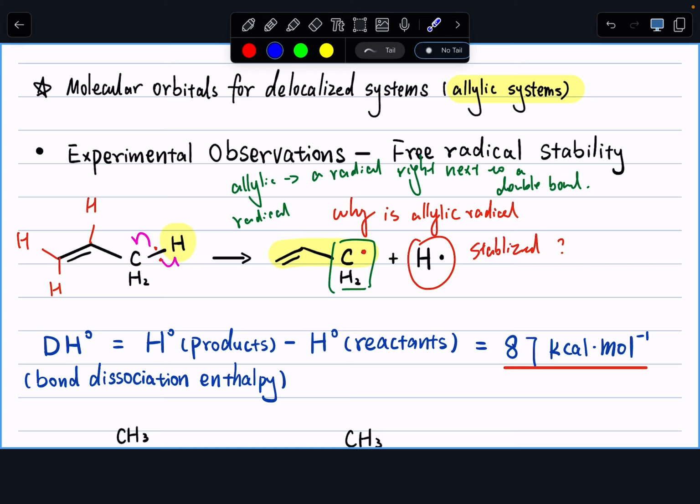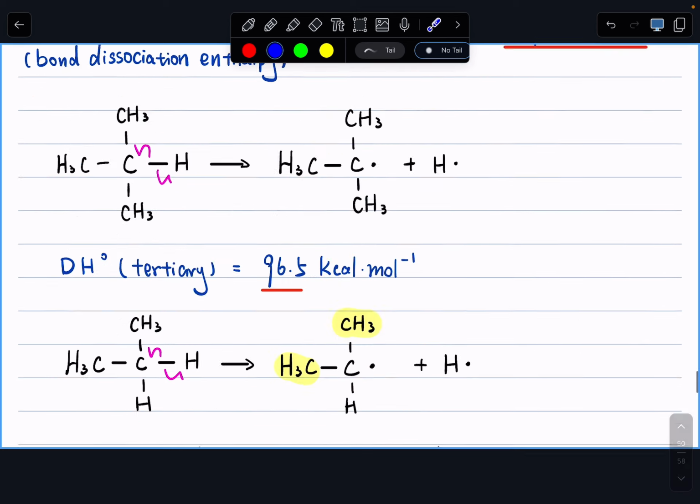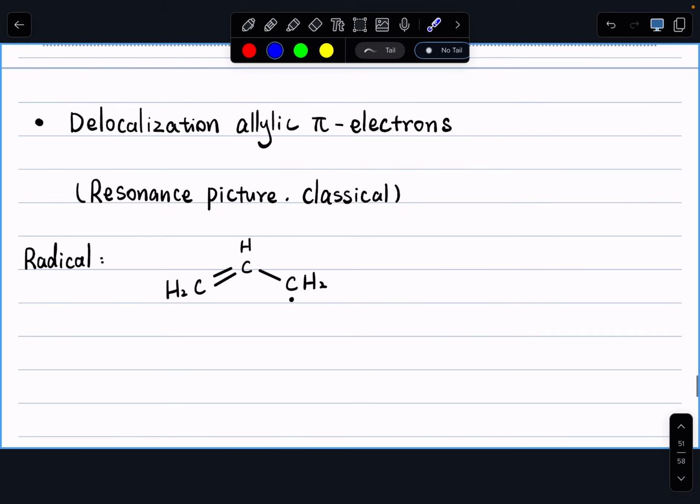We're going to look at it from two different perspectives. We'll first look at it from the classical bonding theory and resonance stabilization. And then we'll use the quantum bonding theory to answer the question of why resonance provides stability to these radicals.